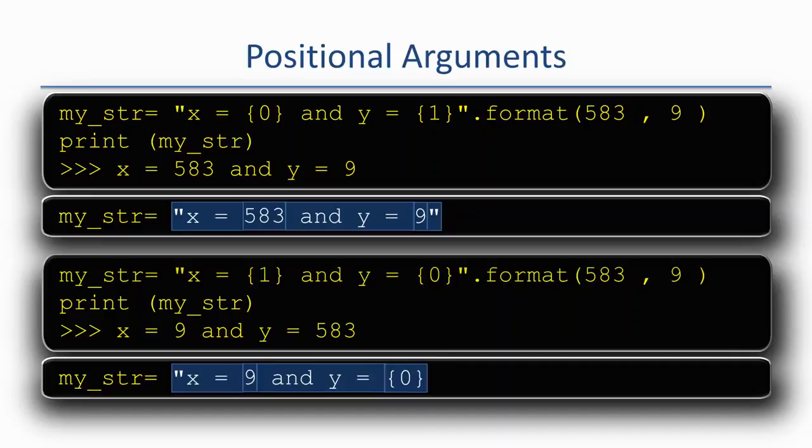This curly bracket tells Python, go and get the value of the argument in position 0 and bring it here, and that would be 583, and then you're done with your string. And when you print it, you see that it says x is equal to 9 and y is equal to 583. Notice when you compare this example to the example above it, the only difference is that the position of 583 and 9 have been changed.